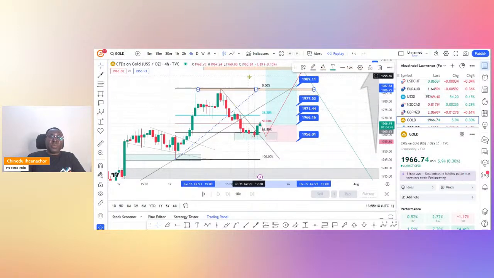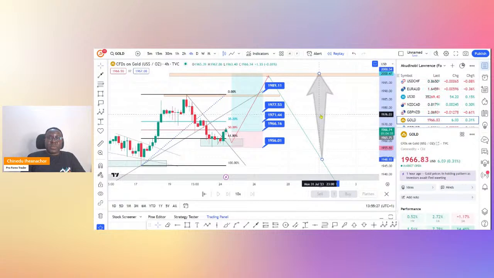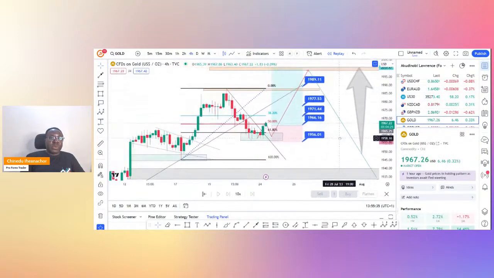A break of the previous high might be just a little margin to hit the 2000, and then we can begin to look for opportunities for selling on gold. For now, gold, we are bullish. We have about 3 positions running on buy gold.